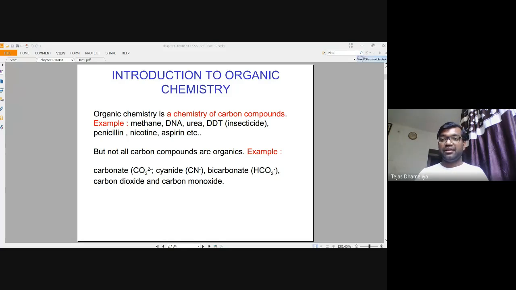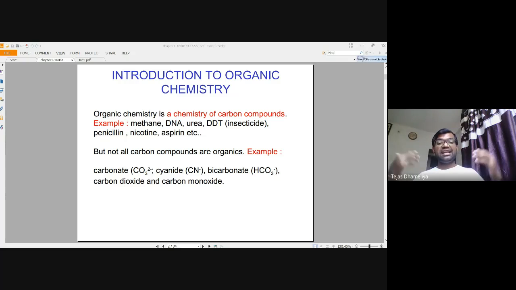What is called NSAIDs? So these NSAIDs are all non-steroidal anti-inflammatory drugs. Especially aspirin is used in fever to reduce the fever. It has anti-inflammatory, antipyretic, and analgesic action.